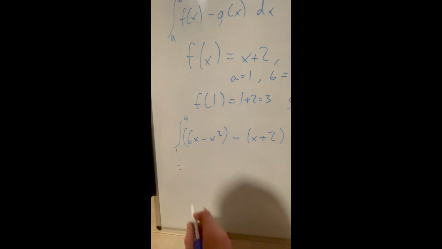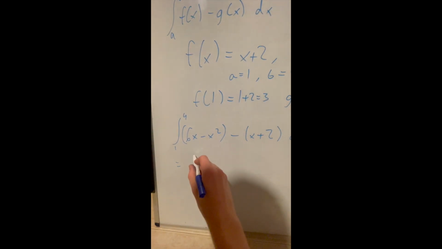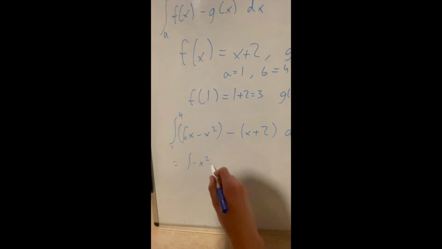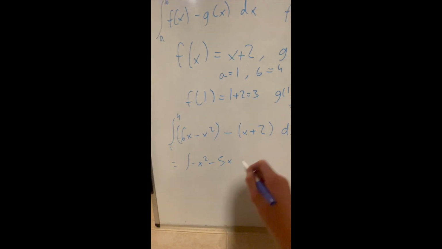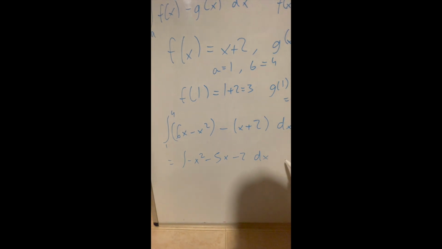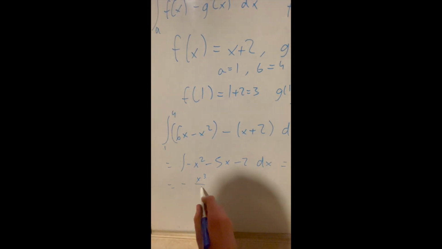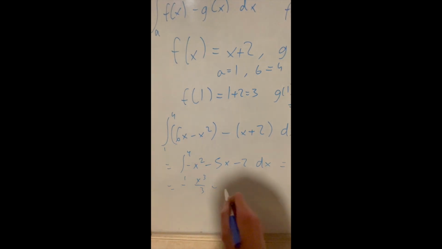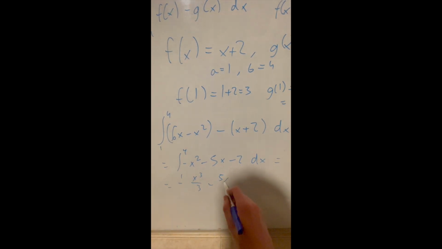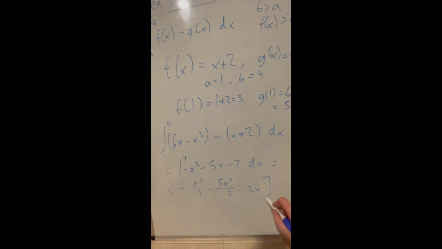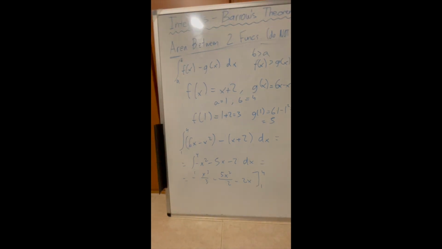This is going to be basically minus x squared plus 6x minus x minus 5x minus 2 dx. Therefore, we're going to have minus x to the power 3 over 3, minus 5x to the power of 2 over 2, minus 2x, applied to 4 and 1.